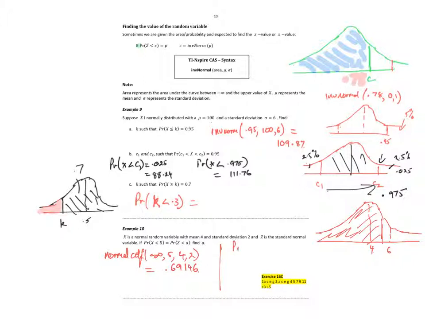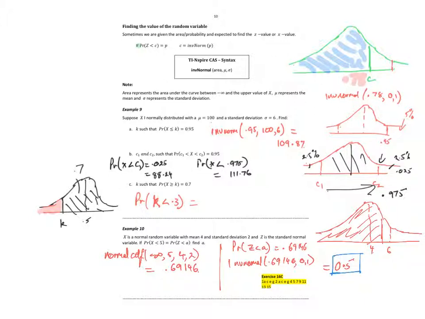And now I need to compare that. I need to know the probability that Z is less than what value is equal to 0.69146. So I now want to do the inverse norm, 0.69146 for a 0, 1, and that gives me 0.5. And that kind of makes a reasonable amount of sense.